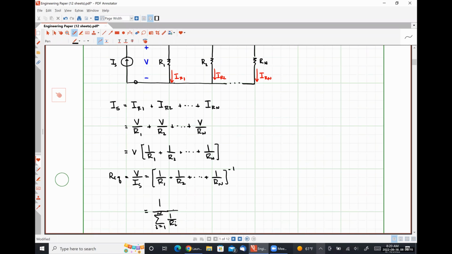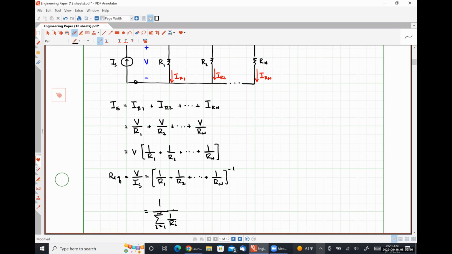So to combine resistors in parallel, we take the sum of the reciprocals, and then we take the reciprocal of that result. All right, so this is how we handle an infinitely large number of resistors. This works for 2 all the way out to infinity.